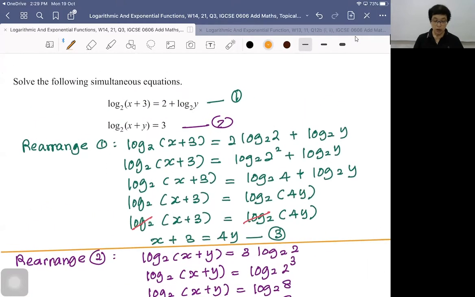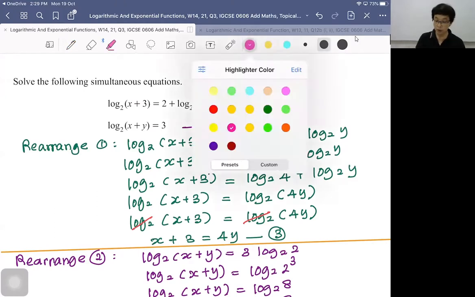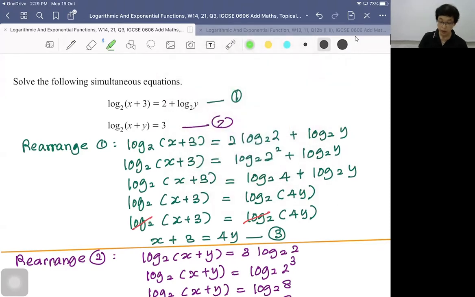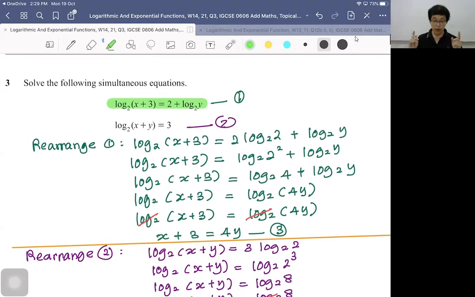First, let's rearrange the two equations respectively. Let's start with the green equation, the one I put as equation 1. As mentioned just now, let's do something about the constant 2 by putting in a logarithmic component.